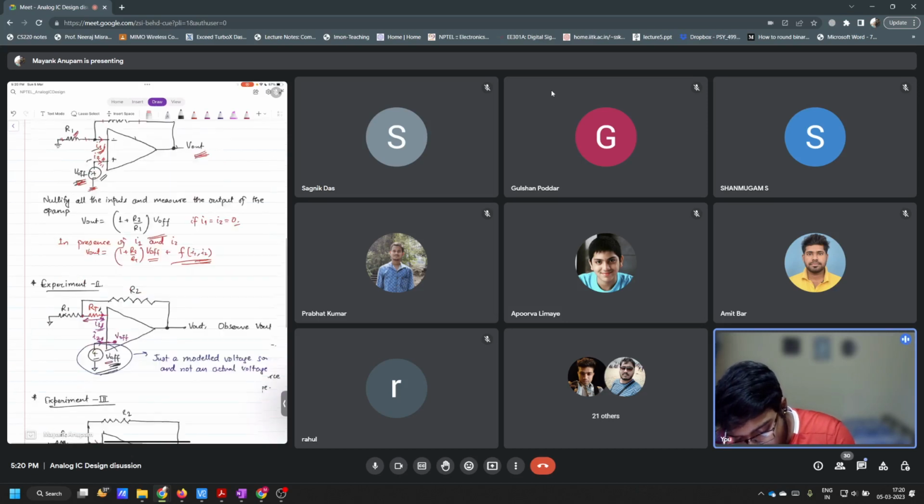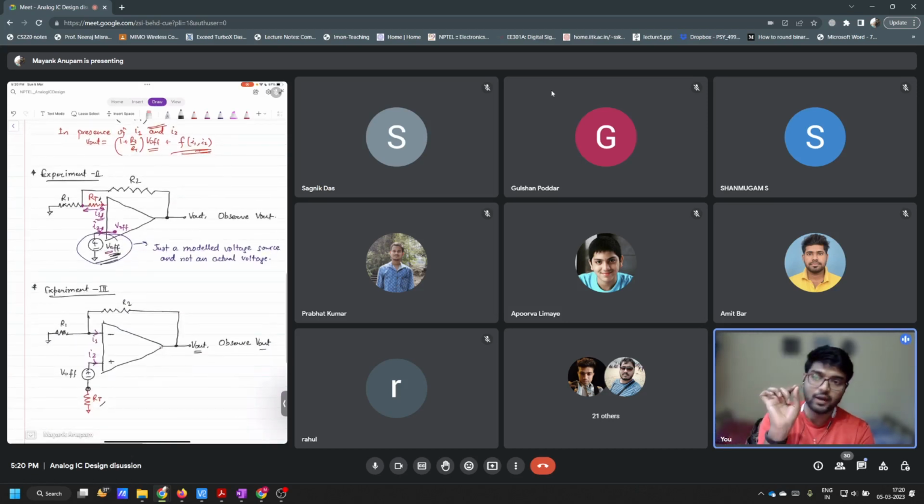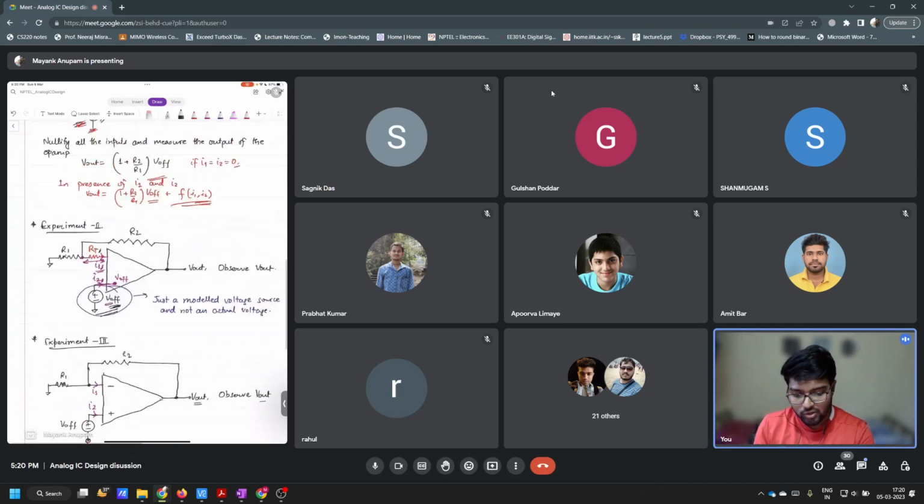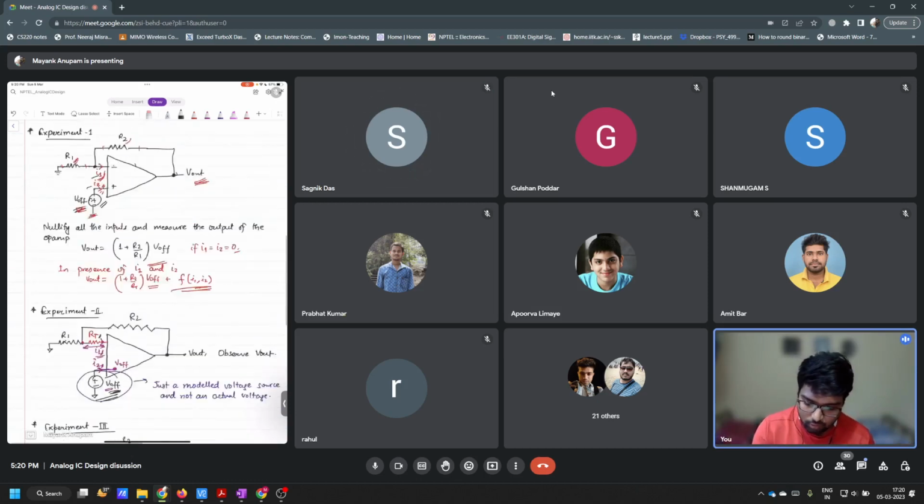But when you change some things here and there, you are modifying your circuit to ensure that the effect of one is different from the effect of the other, so that you have three different equations to deal with. Are you understanding the logic here? In all the three experiments, you will have the effect of I1, I2 and V offset.